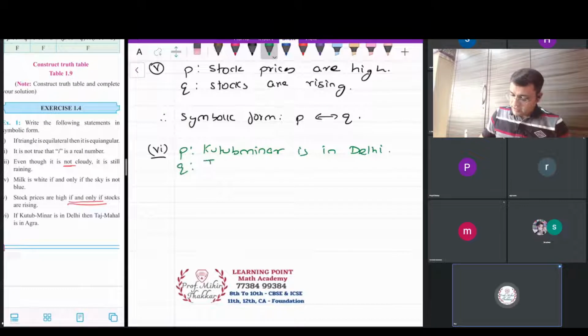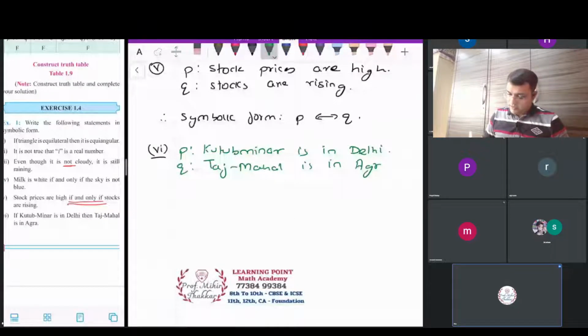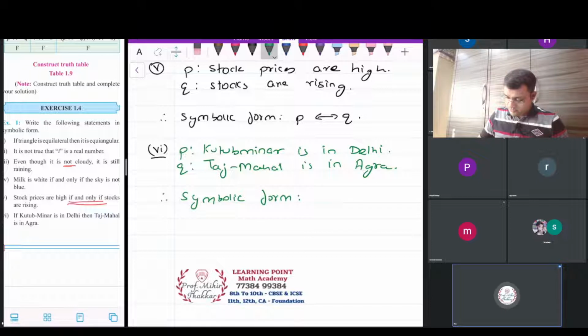Q is that Taj Mahal is in Agra. Very easy. So guys, your symbolic form over here is just P implication Q. Very easy.